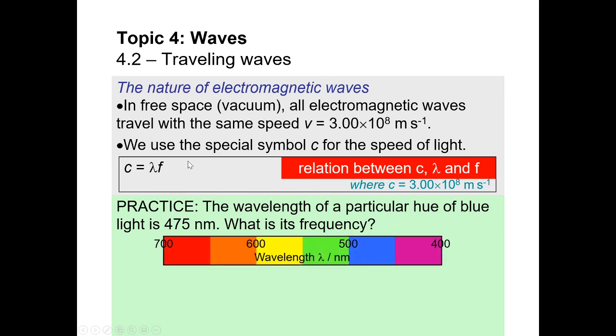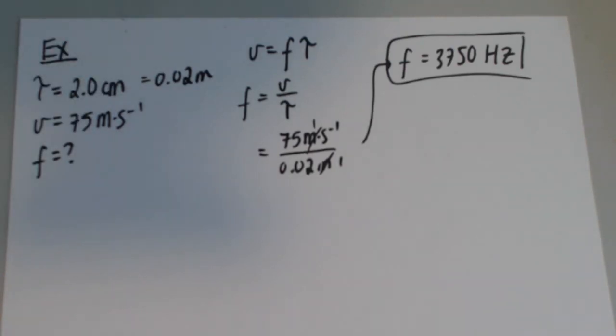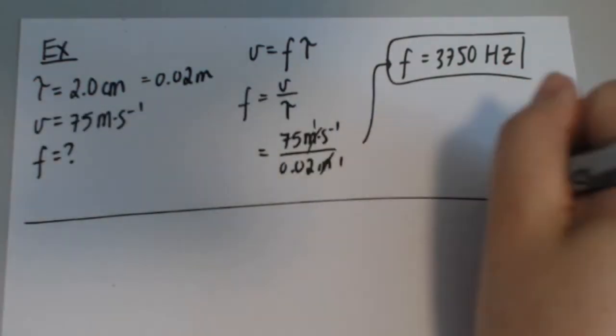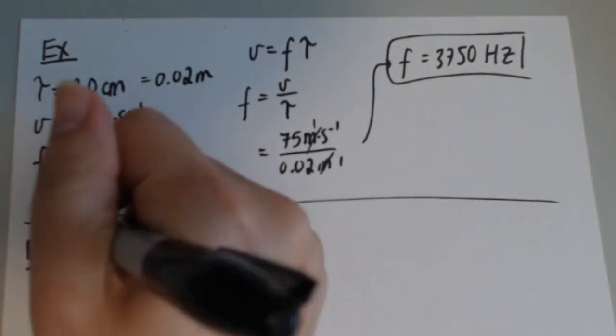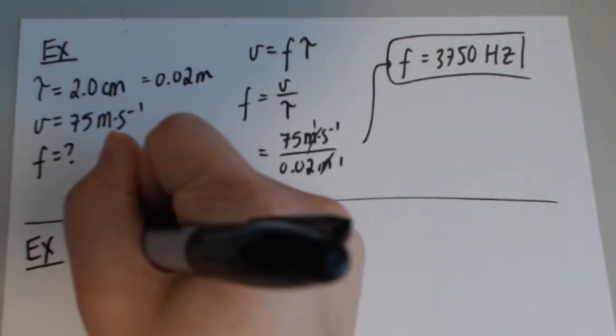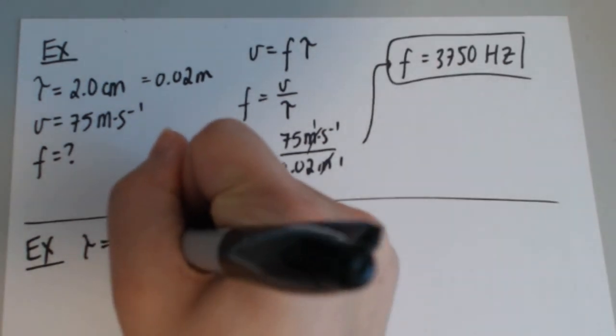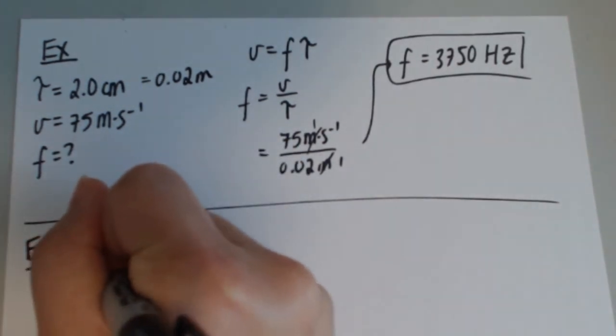All right, the wavelength of a particular hue of blue light is 475 nanometers. What is its frequency? So let's go to our page here. The wavelength is 475 nanometers, and we want to know the frequency.